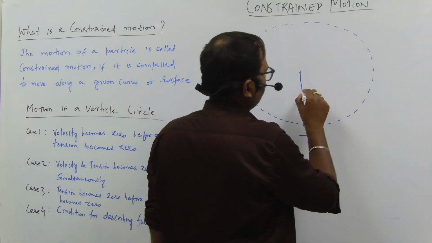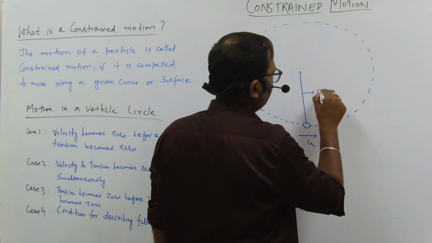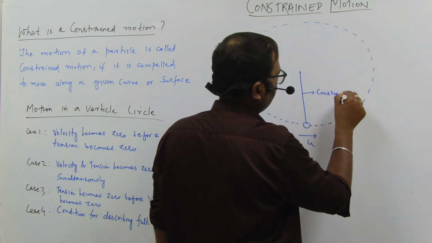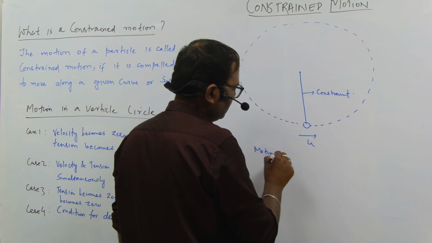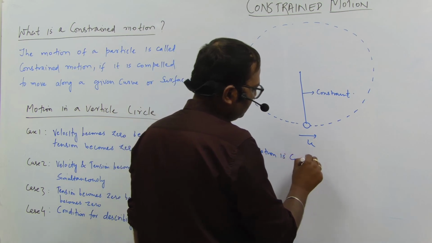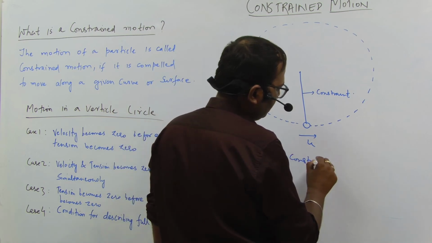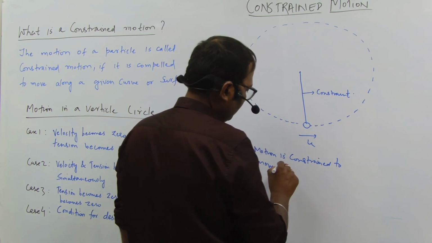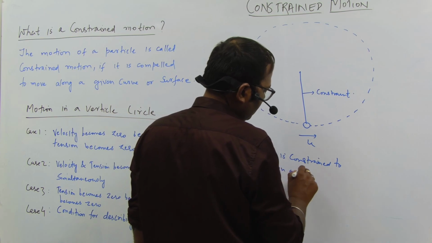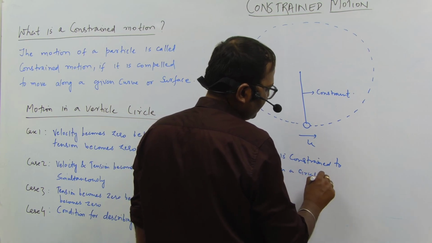This thread is a constraint here, and the motion is constrained to move in a circular fashion.